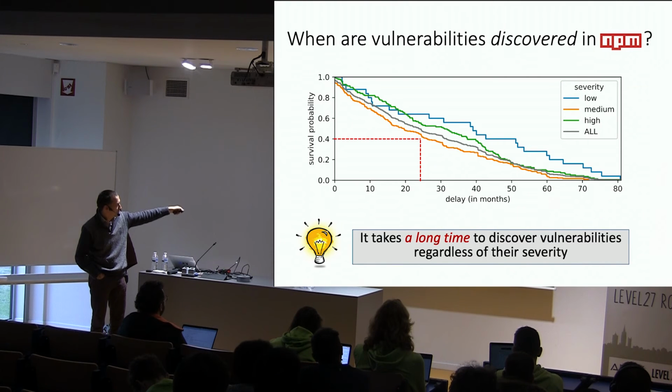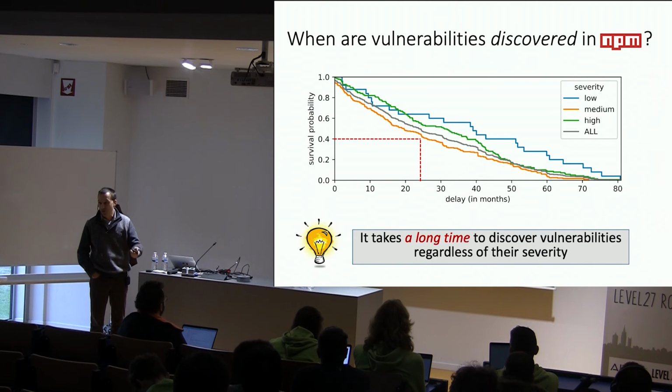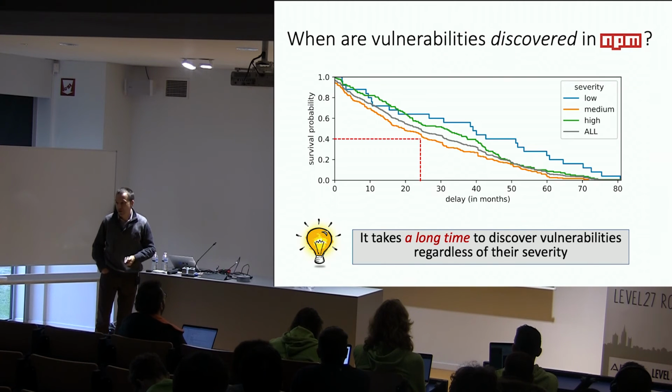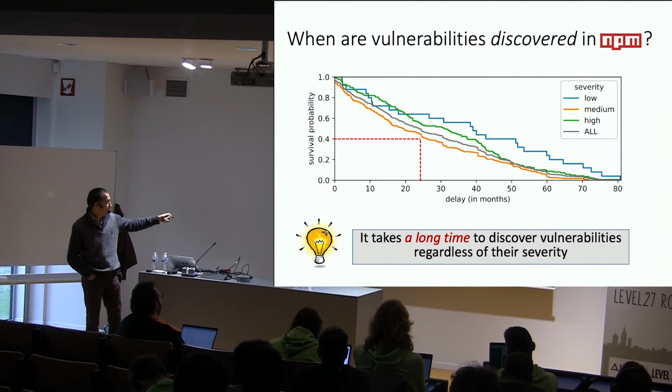What this means is that after 2 years, from all of the vulnerabilities that were introduced at some point, still 40% of them are not fixed, regardless of whether it's a low or medium or high severity vulnerability. So for more than 40% of all vulnerabilities, it takes more than 2 years to fix them.